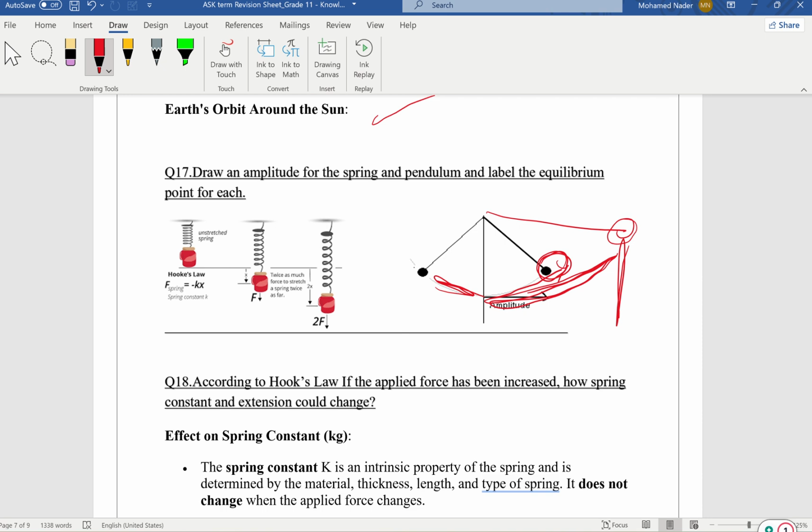We call this highest displacement the amplitude. On the other side, we have a spring with different extension. The highest extension, or highest displacement, we also call the amplitude.